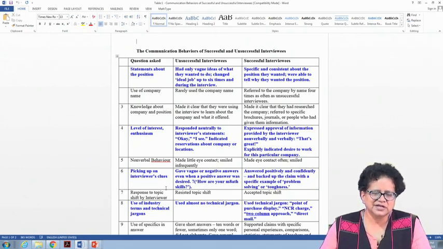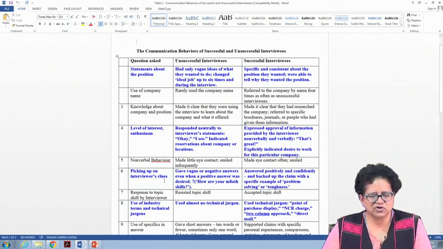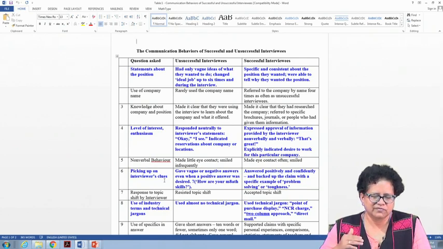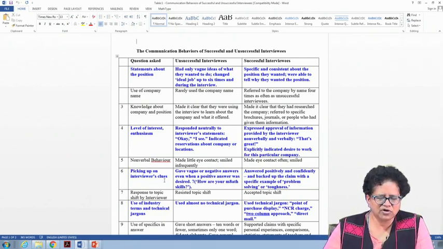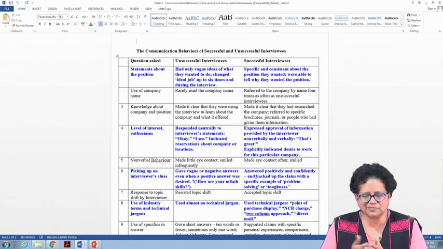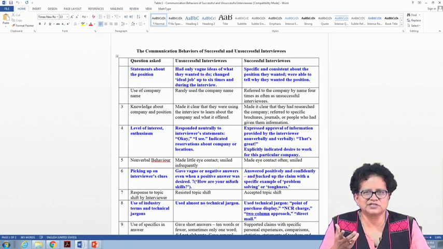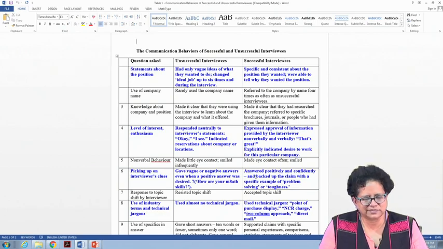The unsuccessful interviewees gave vague or negative answers even when a positive answer was desired from them. For example, how are your math skills? On the other hand, the successful interviewees answered positively and confidently. They backed up their claims with a specific example of problem solving or toughness acquired in maths.